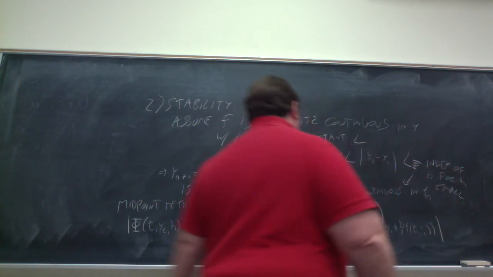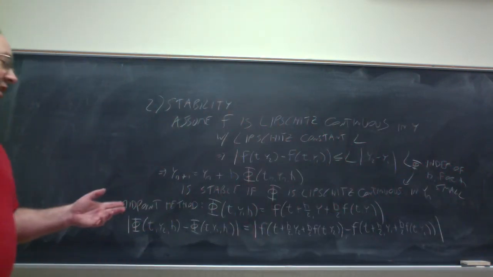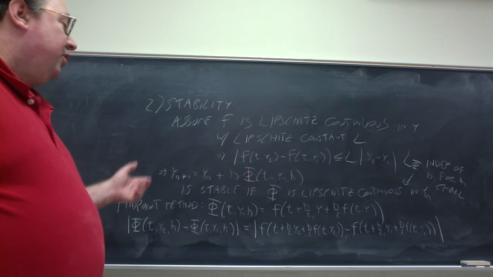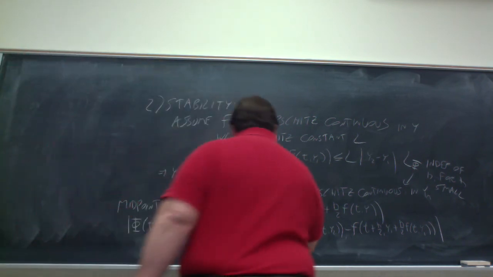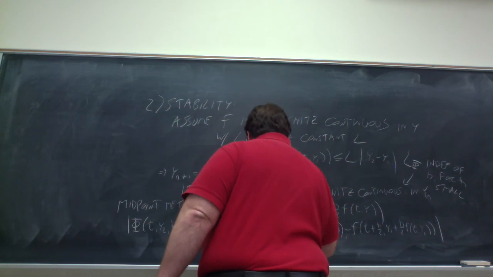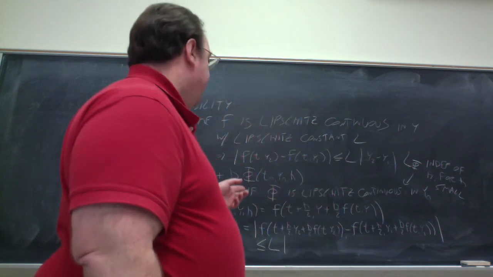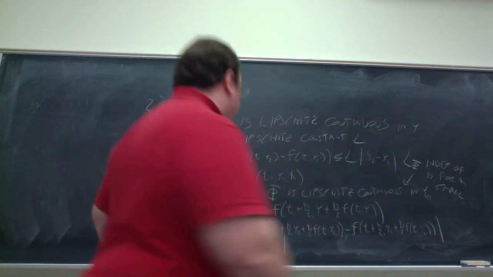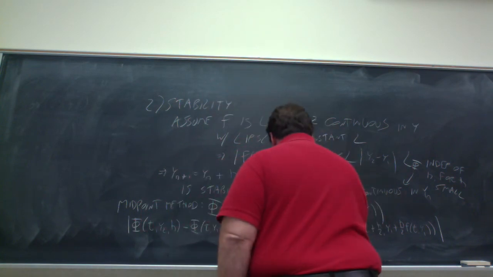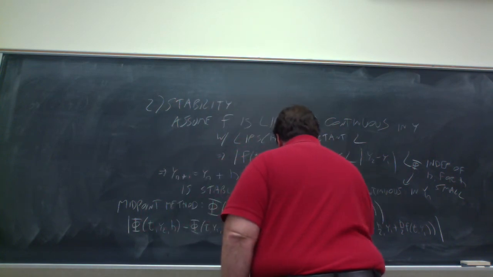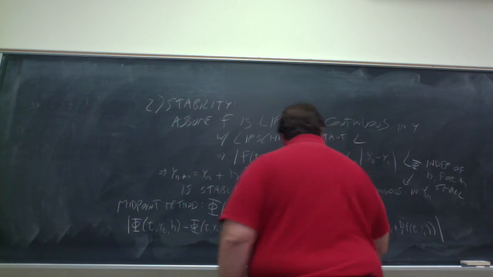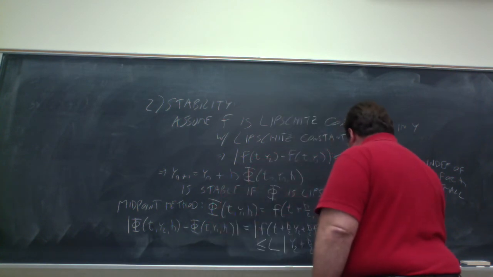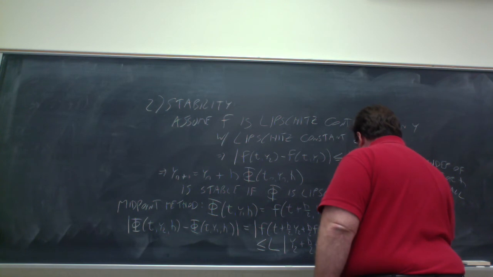So what I have here is a difference of f values. I use the fact that f is Lipschitz continuous. Say this is less than or equal to L times the difference in y values. So I just take the y values from here. The second argument is y2 plus h over 2 f with y2 plugged in, minus y1 minus h over 2 f with y1 plugged in.